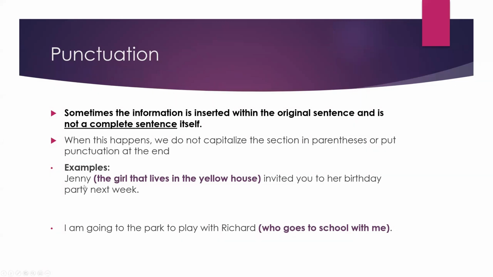So in this example, Jenny, the girl that lives in the yellow house, invited you to her birthday party next week. So the parentheses here do not include a full stop or comma or anything like that, because if you take this part inside the parentheses out and read it on its own, it does not make sense. It does not make a complete sentence. And that's the condition, okay? The condition is, does it make a complete sentence? If not, then you do not need to add a period.